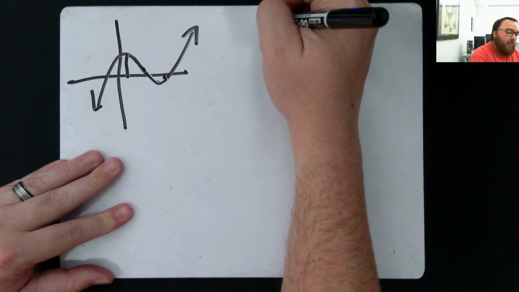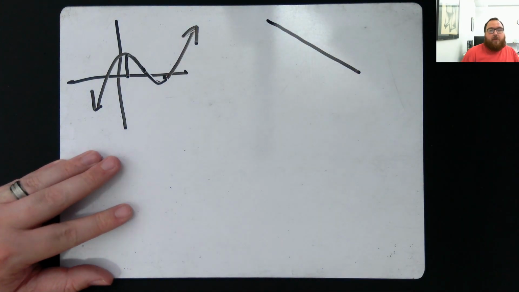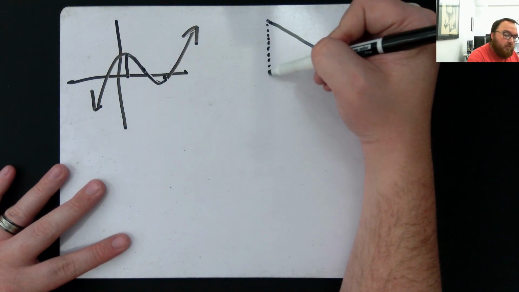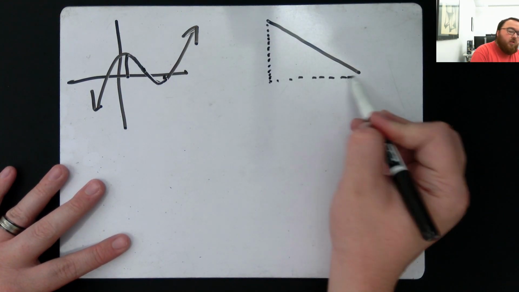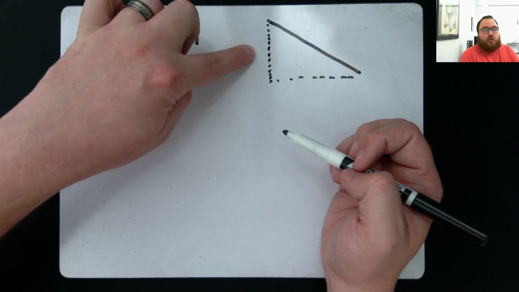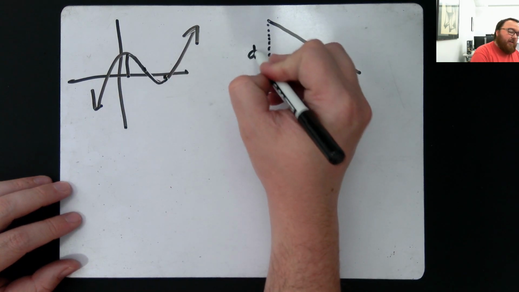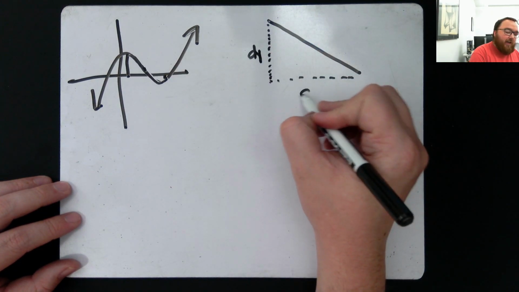So let's say I want to find the length of a straight line. Well, notice I can make a right triangle out of this, where my height is the change in the y, my change in y, and my length is going to be my change in the x.